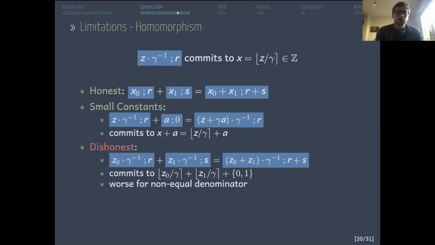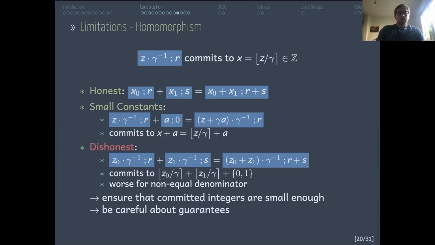There's a small error, and then it gets even worse for non-equal denominators, because you have to multiply the denominators, and then you already get larger, and we know that we need to have shortness compared to the modulus. So this will have quite the growth, and also it's not 100% exact, with the same reasoning.